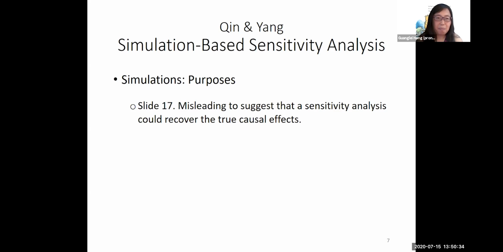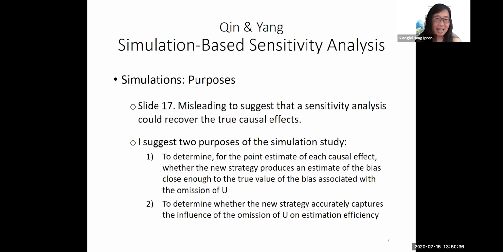So I think the purposes of your simulation study, I would suggest two. The first one is for the point estimate of each causal effect, you want to determine whether your new strategy produces an estimate of bias close enough to the true value of the bias associated with the omission, right?